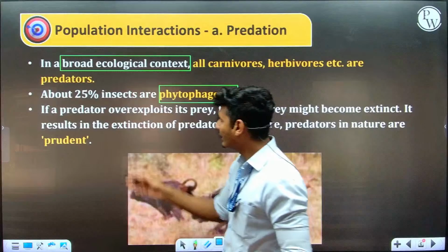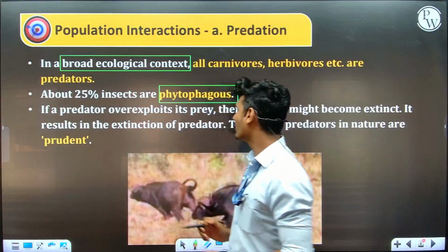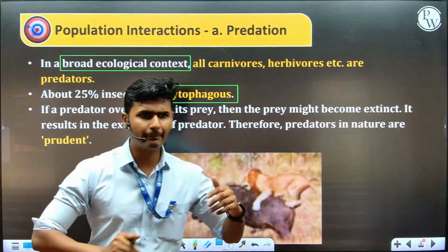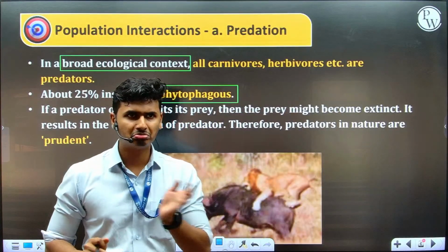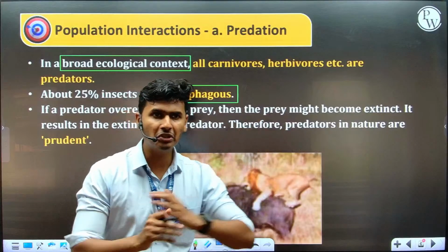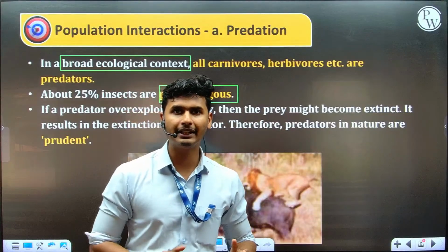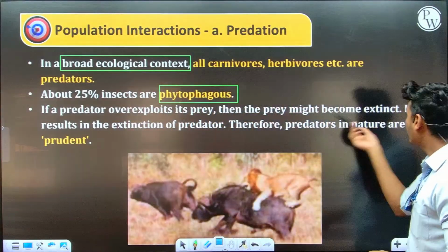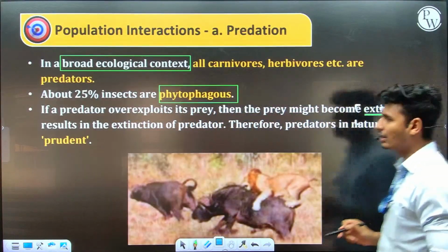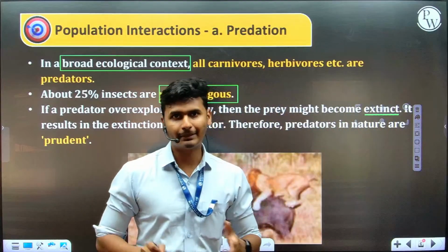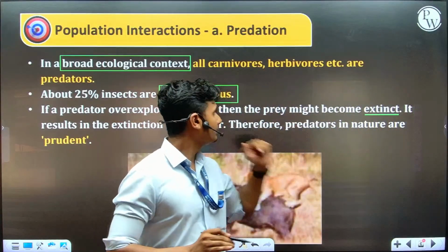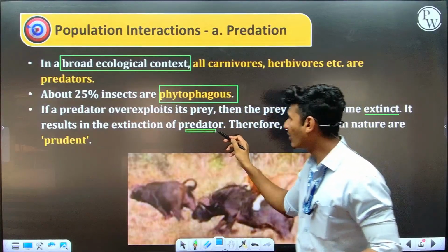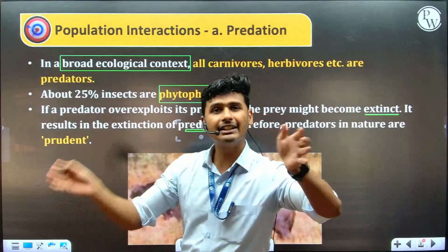Now next point, if the predator over-exploits its prey, if predators start eating prey uncontrollably, continuous destruction of prey by predators, that is known as over-exploitation, then the prey might become extinct. It results in the extinction of the predator also, because predator and prey live in one interaction.